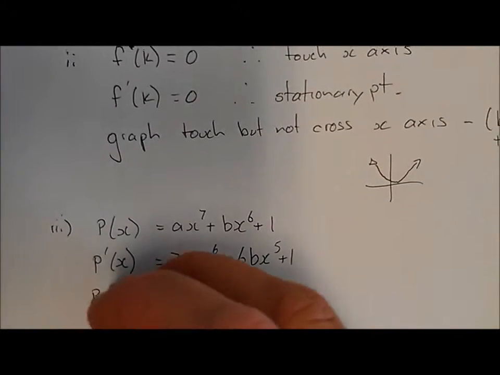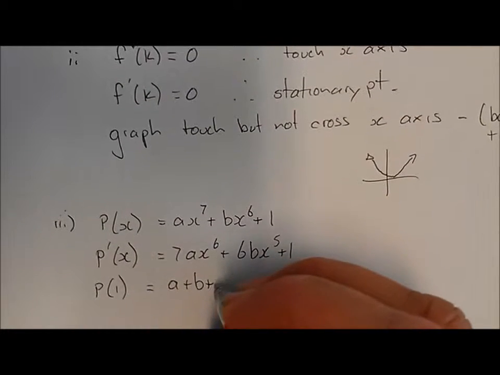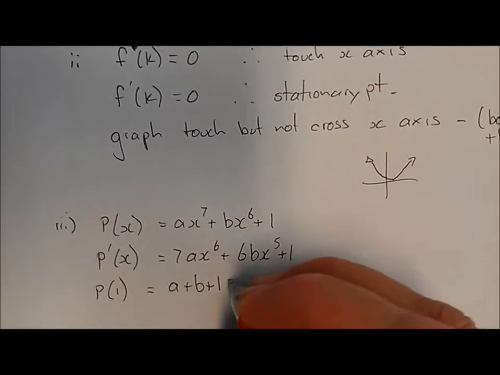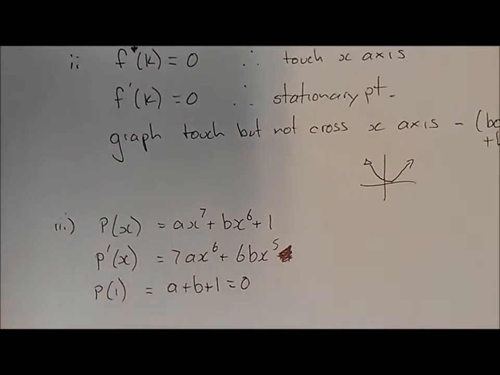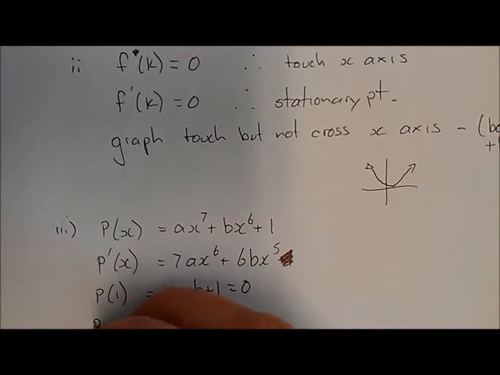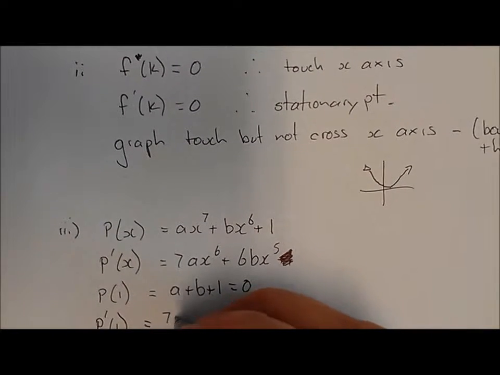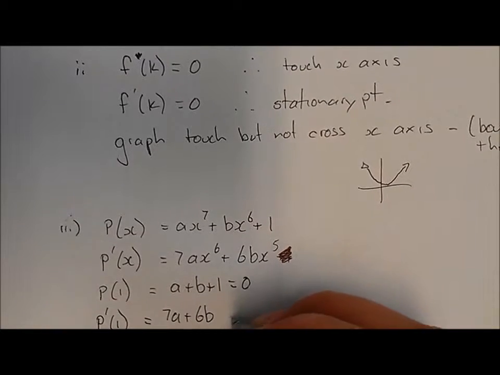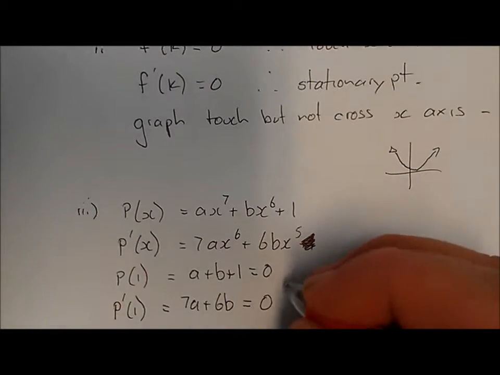And I know that p of 1, which is simply a plus b plus 1, is equal to 0. Let me come back and correct this. When you differentiate 1, you don't get that. And similarly, p dash of 1 is equal to 7a plus 6b is equal to 0 as well, because it was a multiple root.